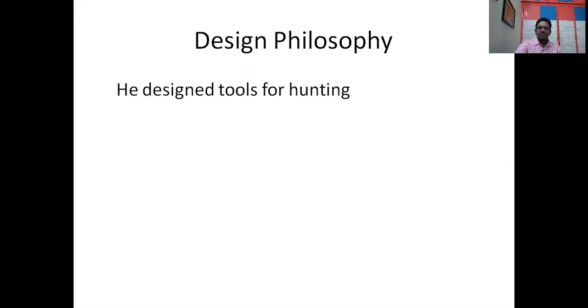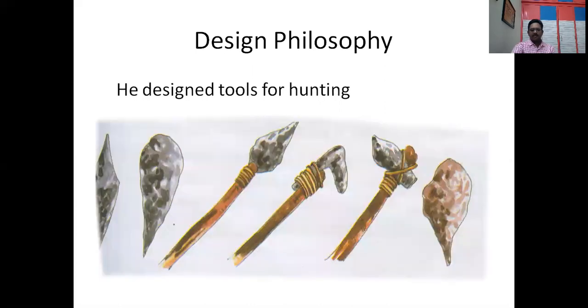So he designed tools for hunting. Why is hunting required? To get a livelihood. He used to hunt the animals, and by eating them, he used to get energy. So it became a basic necessity for them to have a tool. So he designed accordingly. Earlier they used to use blunt stones.